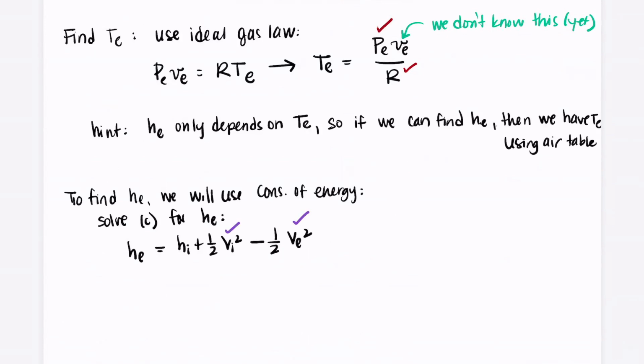So let's find HI. We're going to use table A21 to find HI.